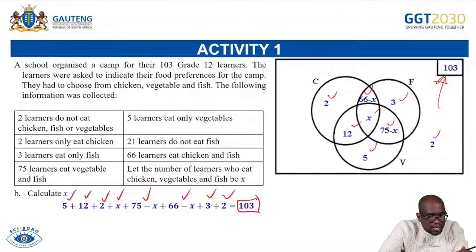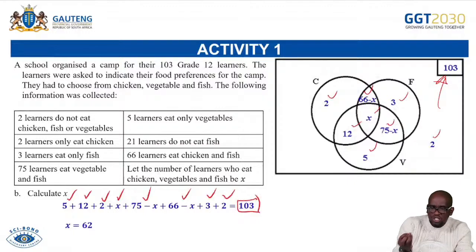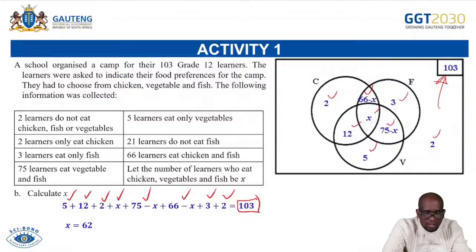Then we solve for x. In doing so, we get that x is equal to 62. So we can change this Venn diagram and substitute 62 where we see x. This is the Venn diagram we can use for the calculations.